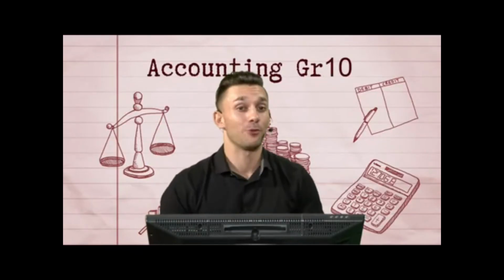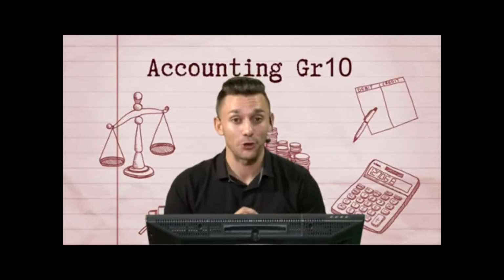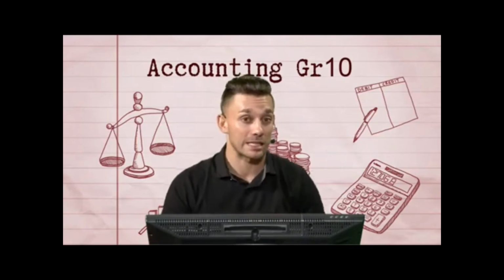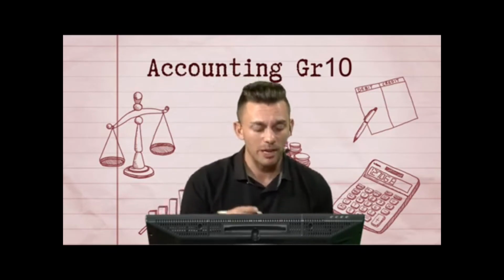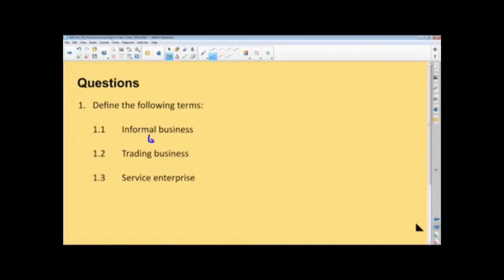Okay, guys, I know you got all three of them correct. So let's take the first one, your informal business. Now remember, your informal business will be a business. It's normally small. They have few assets. They are not registered.